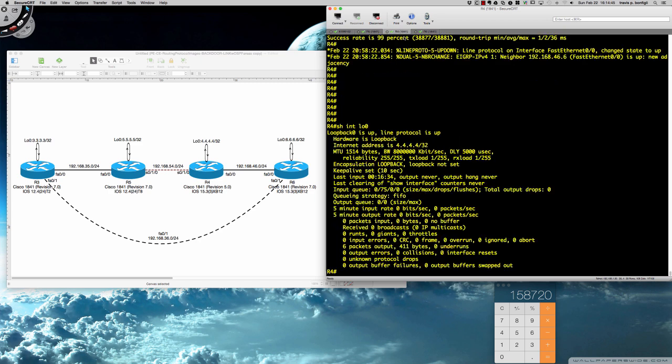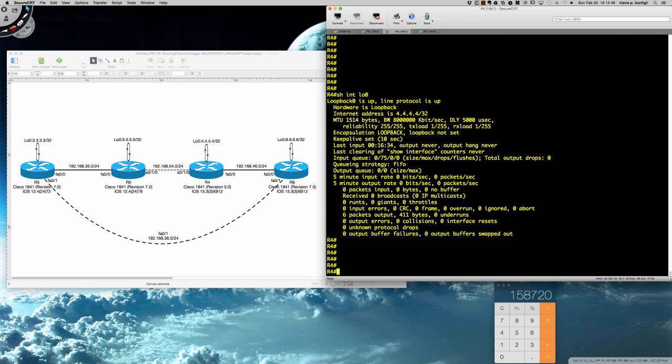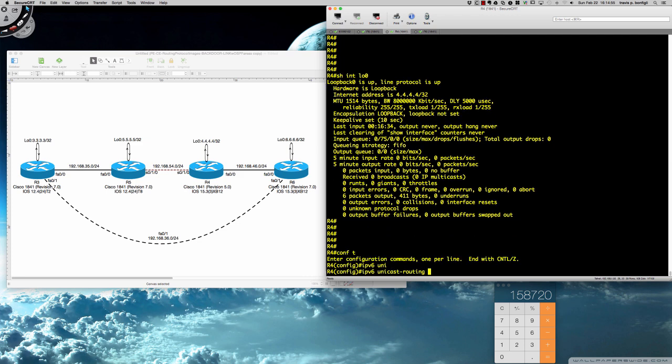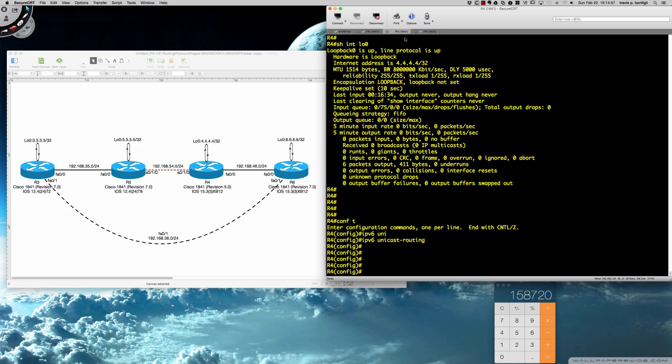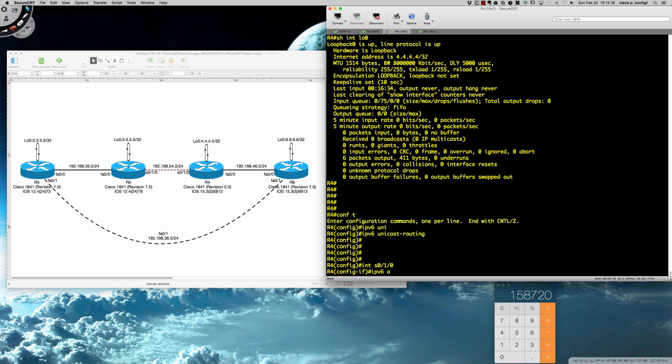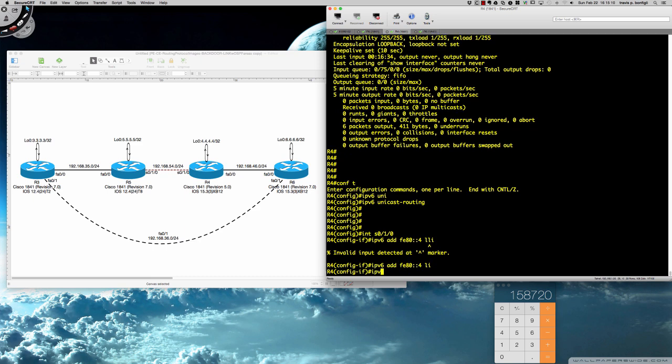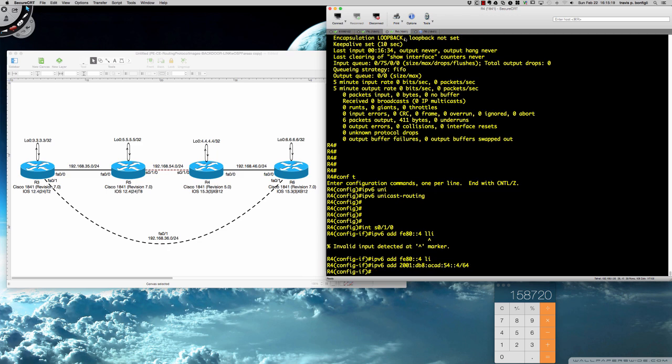And now let's move on over to router 4, and we're going to do the configuration for router 4. We're going to first enable IPv6 unicast routing, and let's say interface serial 0/1/0. IPv6 address is going to be FE80::4 link local. Whoops, typo there. And then IPv6 address is going to be 2001:DB8:ACAD:54::4/64.